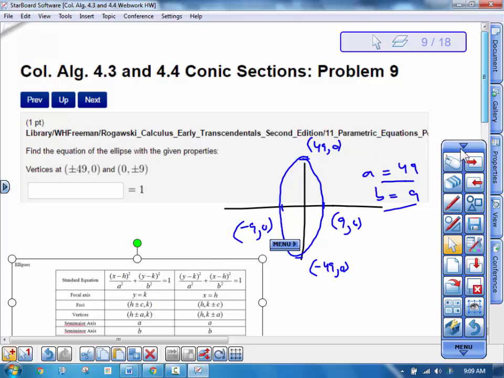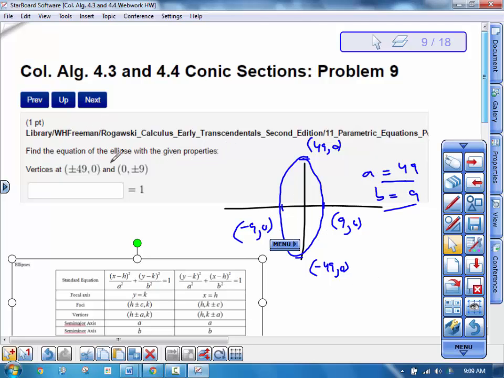So we're using this formula right here, which is y minus k. Now, h and k are 0, so I'm just going to do y squared, it's centered at the origin, over a, which is 49, so this would be 49 squared, plus x squared over b, which is 9 squared, equals 1. So there's our answer, and we can square both these numbers and enter it in that way.